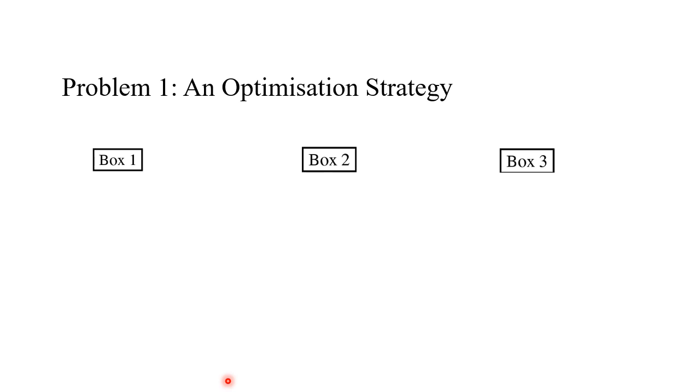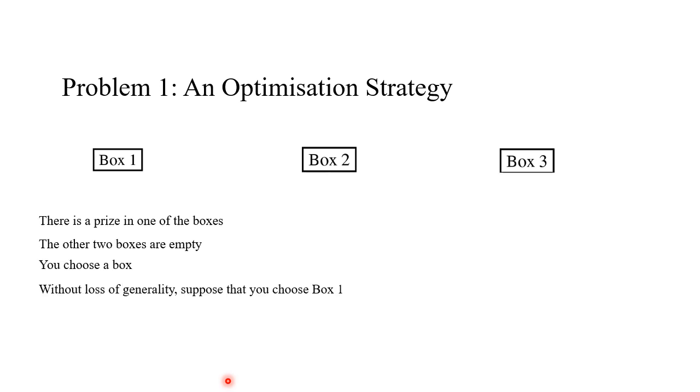One of the boxes has a prize, and the others have booby prizes or are empty. Knowing that there's a prize in one box and with no other information, the choice of the first box is random. So you know that there's a prize in one, the others are empty, and you choose one randomly.